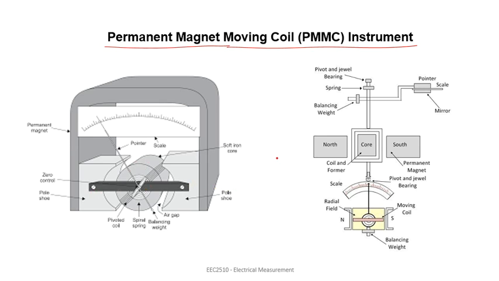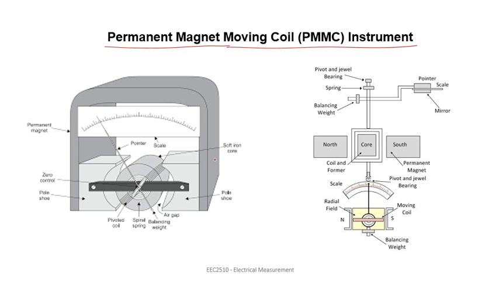Then a cylindrical soft iron core is positioned between these shoes, so that only very narrow air gaps exist between the core and the faces of the pole shoes. The moving coil is placed to move within these narrow air gaps. The reason for keeping these air gaps narrow is to have the strongest possible level of magnetic flux crossing the gaps.